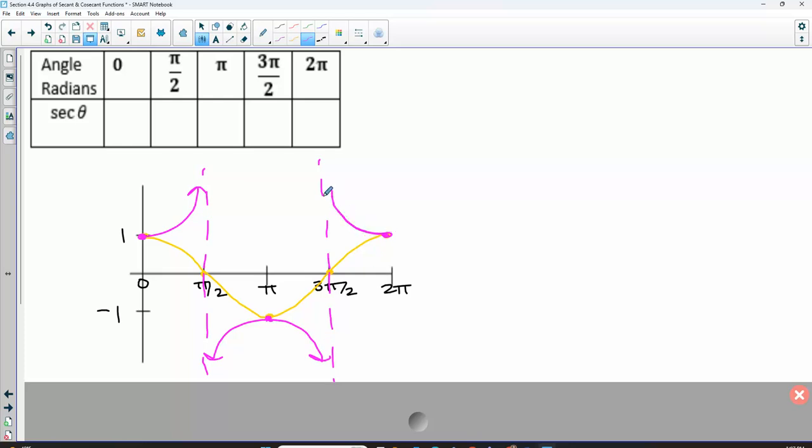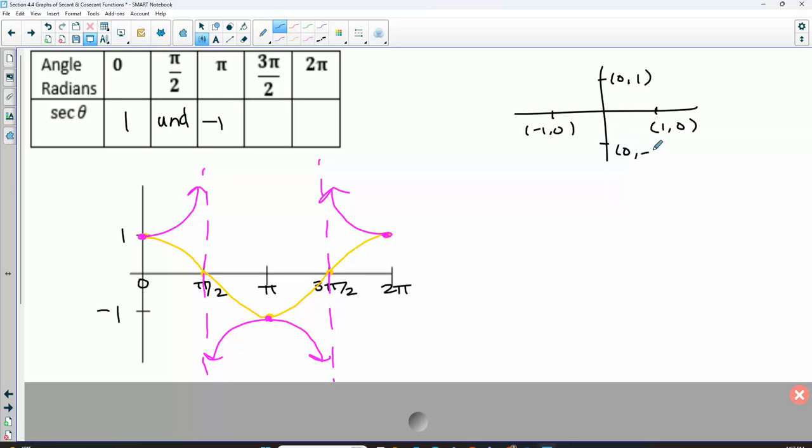Here I have a parabola going up. And if we check our points, okay, at 0, cosine's 1, so secant's 1. At pi over 2, cosine is 0, so secant's undefined. At pi, cosine's -1, so secant's -1. 3 pi over 2, cosine is 0, so secant's undefined. And 2 pi, we're back to being 1. So these points match up.